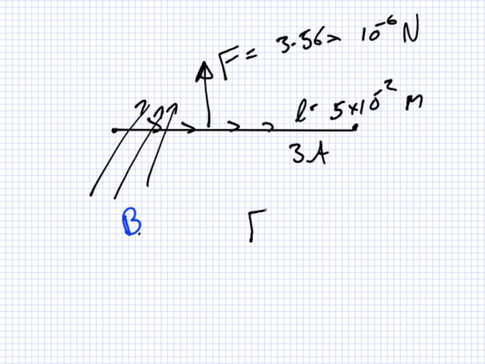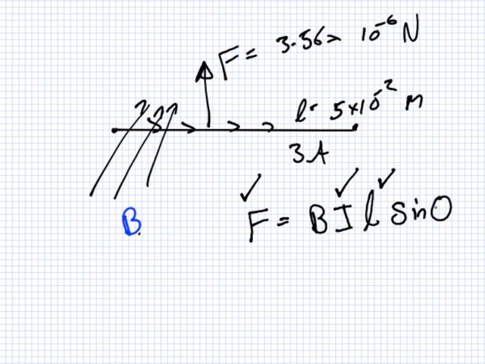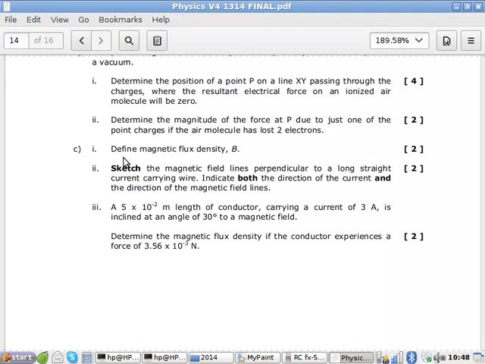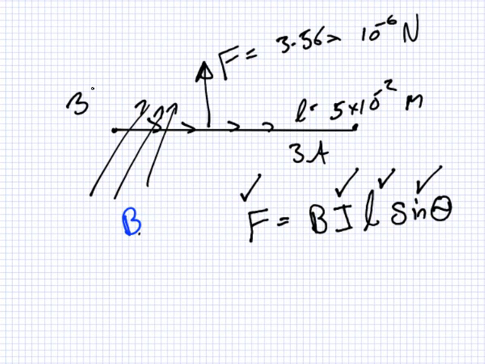Which you know, because the question says the angle is 30. Now you see, once you know what you're doing, it's easy, but if you didn't know that you have to use this formula, then it's not easy. So we can get B equals F over IL sine theta, and all of this we know. So calculate, please.